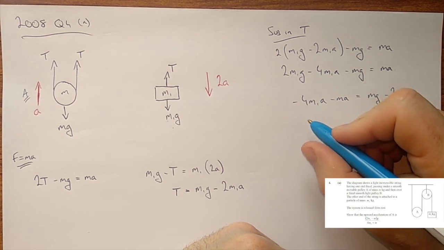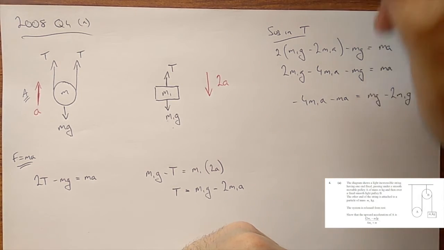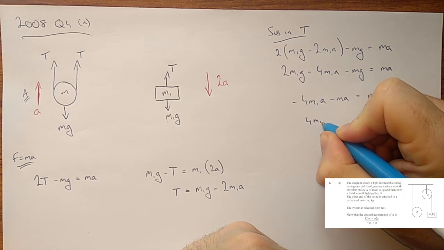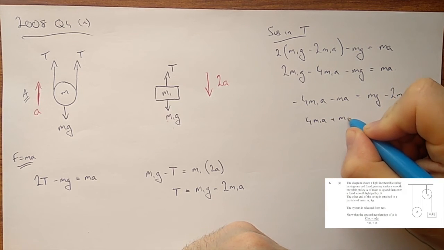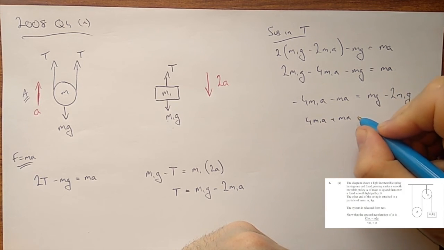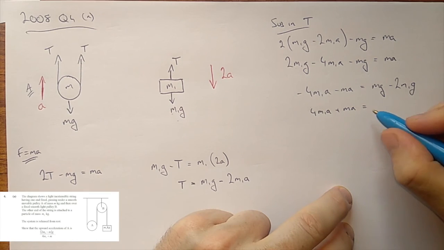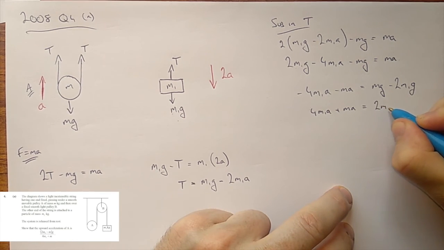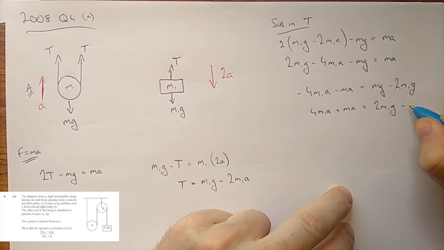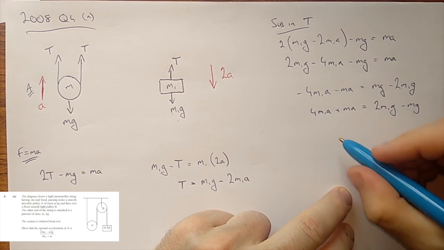Multiply everything by minus 1. So I end up here with 4m1a plus ma, and that is going to be 2m1g minus mg. All right, so we're on the right track here.